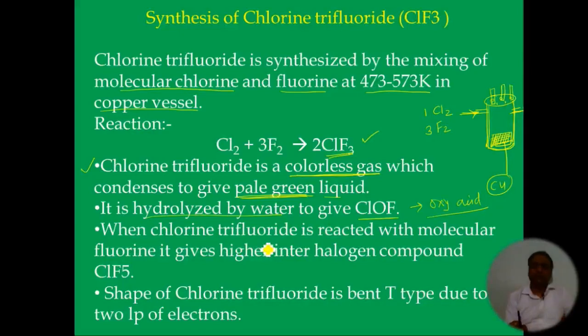When chlorine trifluoride is reacted with molecular fluorine, it gives a higher interhalogen compound, chlorine pentafluoride. That means when we mix ClF3 with molecular fluorine, it gets converted into the higher interhalogen compound, chlorine pentafluoride.